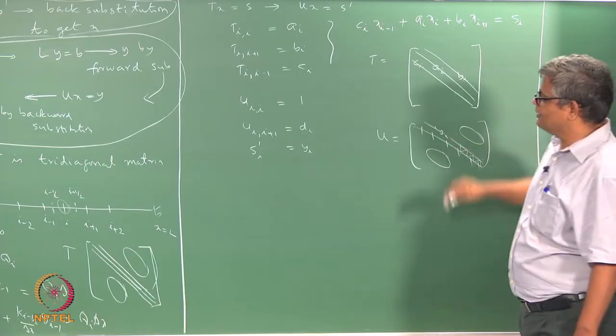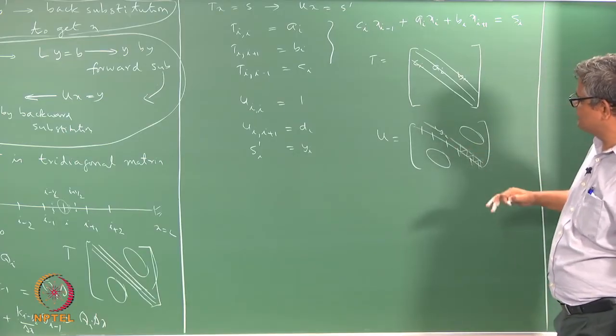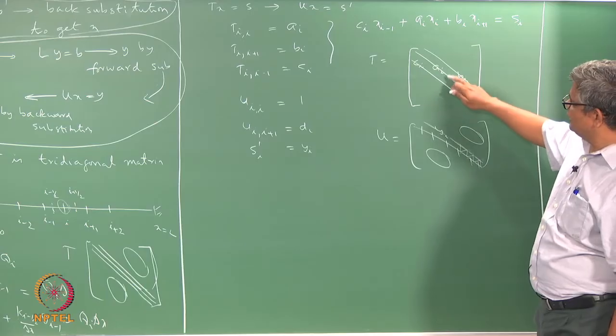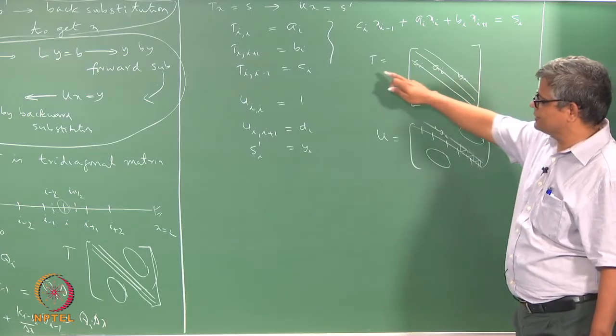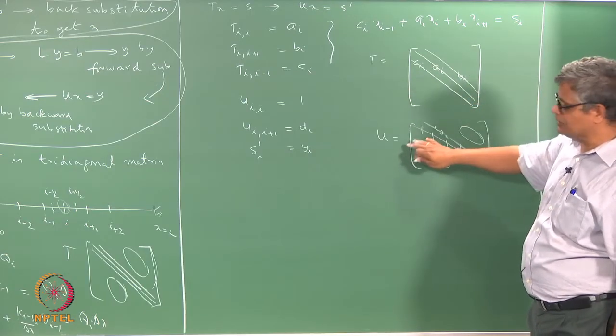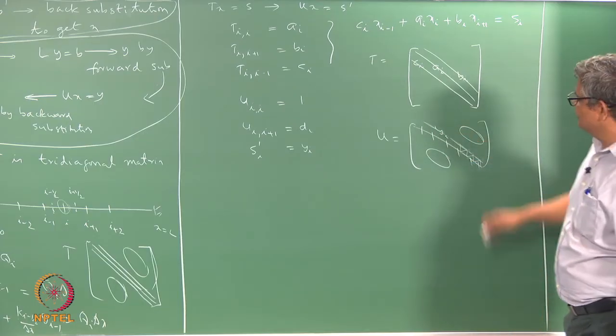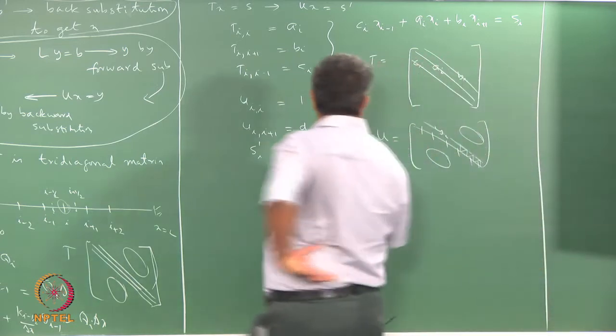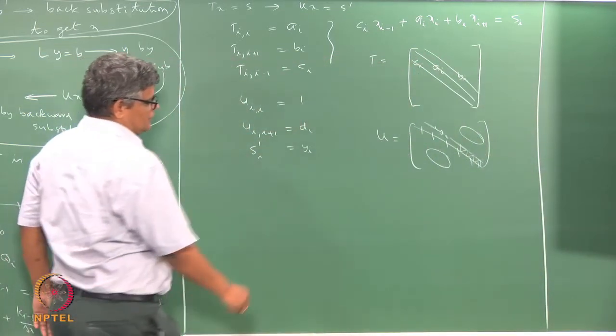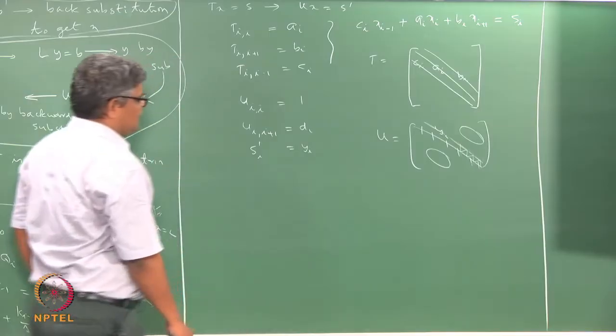So this is the idea of the tridiagonal matrix algorithm, in which a tridiagonal original matrix T is converted into an upper triangular matrix containing only 2 non-zero diagonals. Okay. So how can we do this conversion is the thing that we would like to have here.